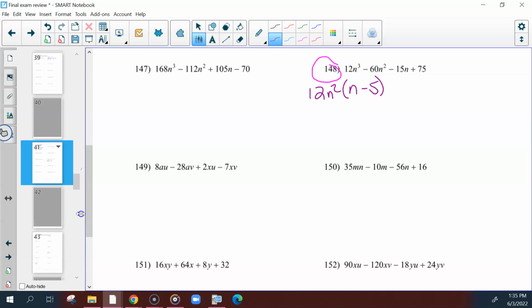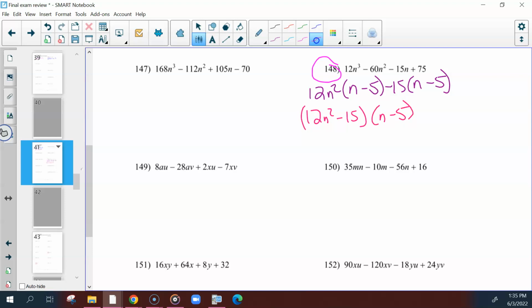Of the second two, we can divide both of these by negative 15. And if we divide that out, we have n minus 5. So then our factors, we have 12n squared minus 15 and n minus 5.